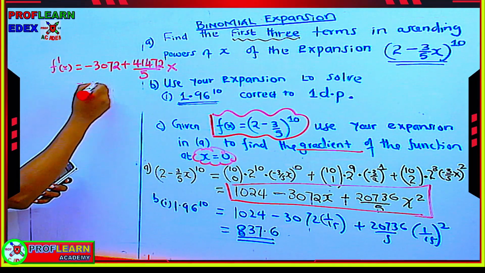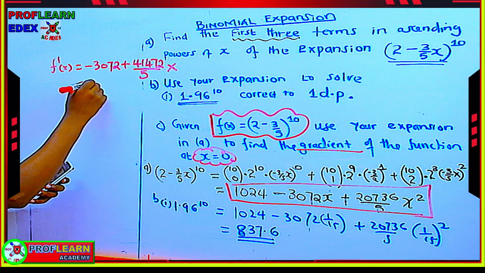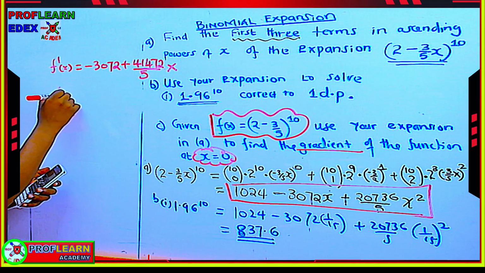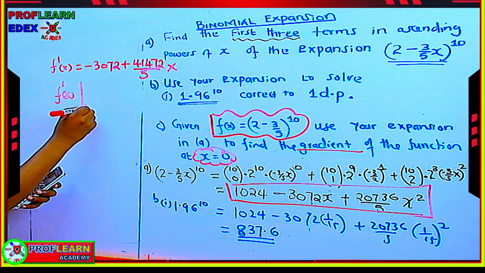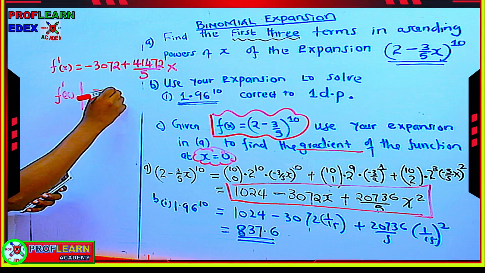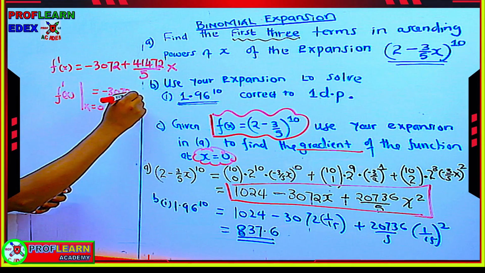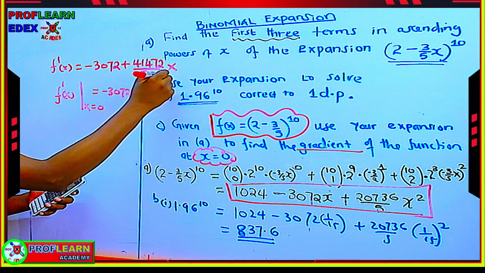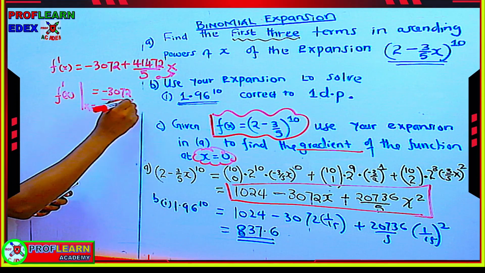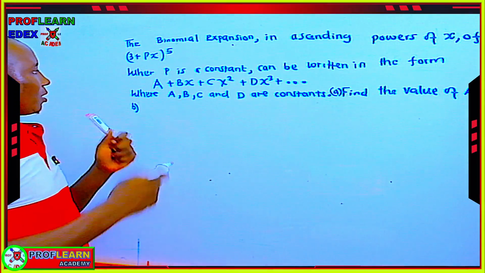So if you substitute 0 here, we are evaluating f prime of x at x is equal to 0. So our answer is going to be negative 3072 plus this, and if you substitute 0 at this point, the whole of this term will cancel.